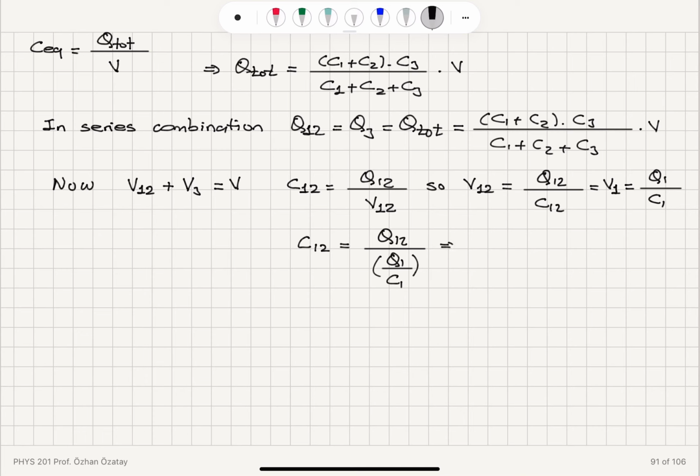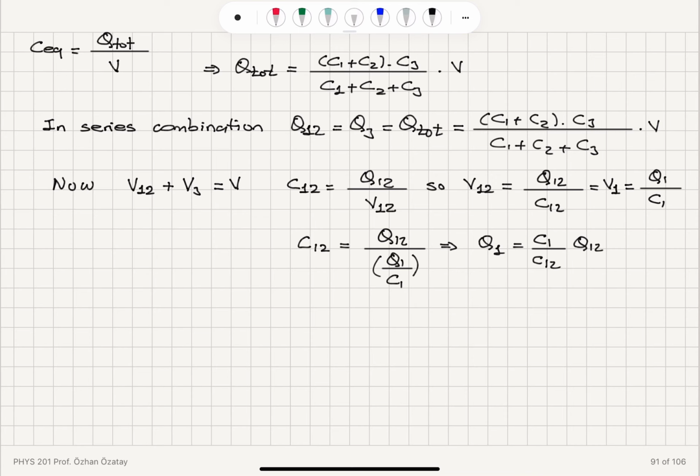So this tells me that Q1 is equal to C1 divided by C12 multiplied by Q12.